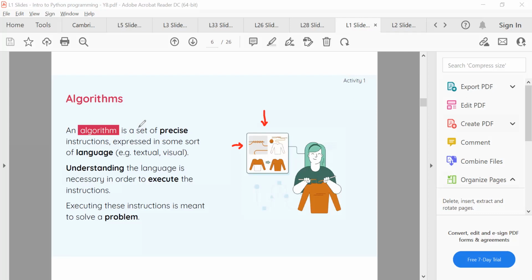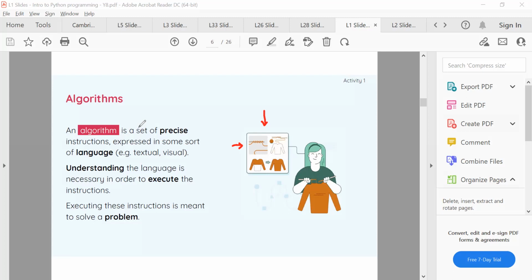It is represented by both text and drawings, and if you follow the algorithm correctly, and if the algorithm is designed in a proper way, anybody who reads the instructions should be able to reach the target, which is assembling a chair or a table.